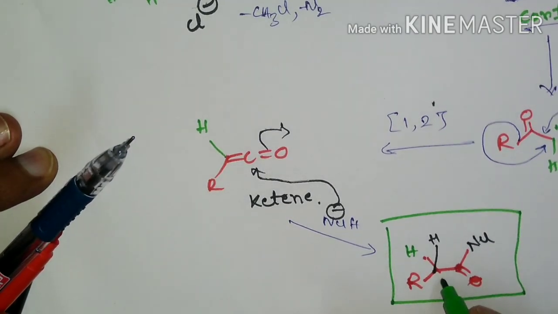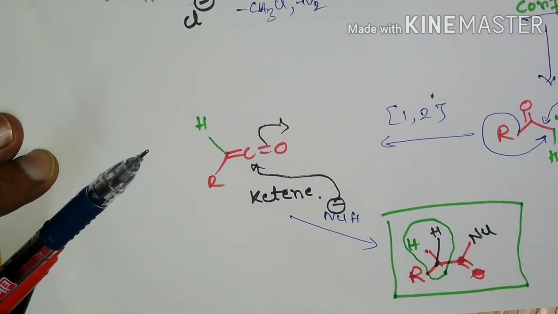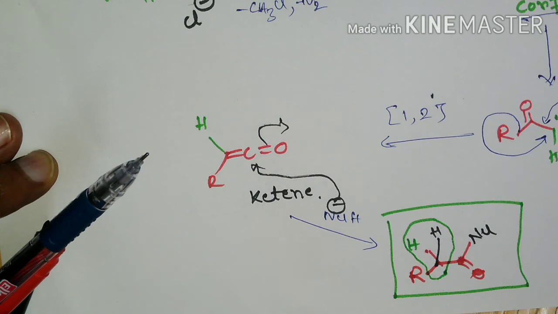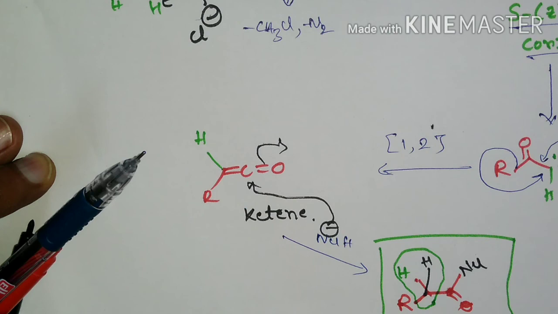It means we have introduced a CH2 group. So this is the mechanism of Arndt-Eistert synthesis. It is mainly used for the elongation of the carboxylic acid chain. Thank you.